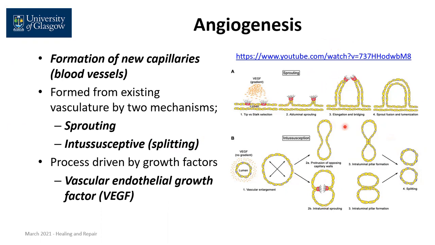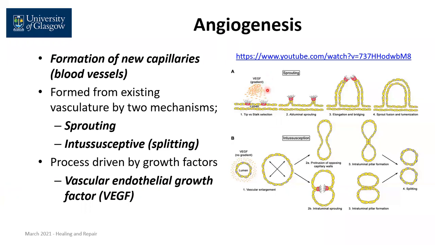But just to summarize here, the process of sprouting within the context of angiogenesis arises from the response of endothelial cells to a gradient of growth factors. And the main growth factor that is important in this function is vascular endothelial growth factor, also known as VEGF. VEGF will be released by different types of cells, so epithelial cells, macrophages, fibroblasts.